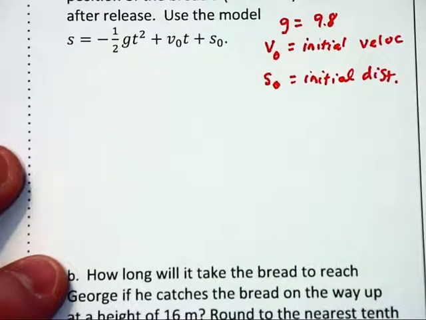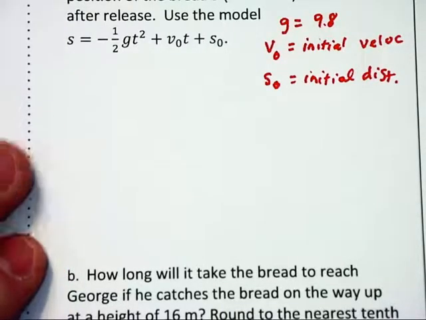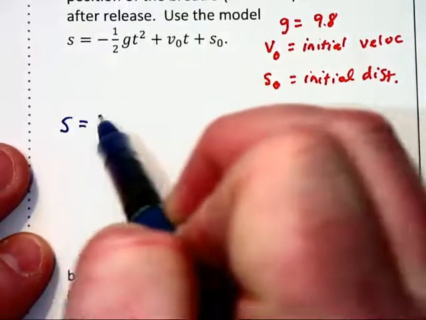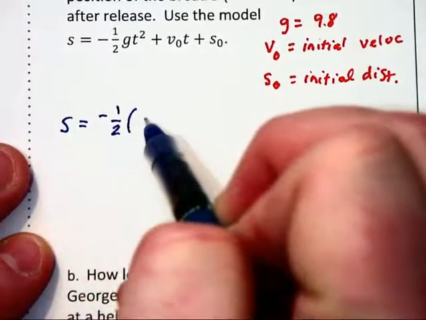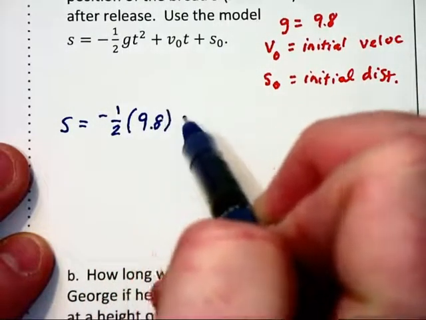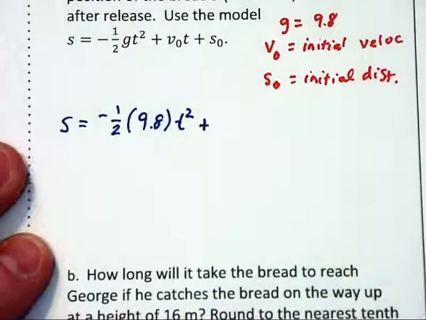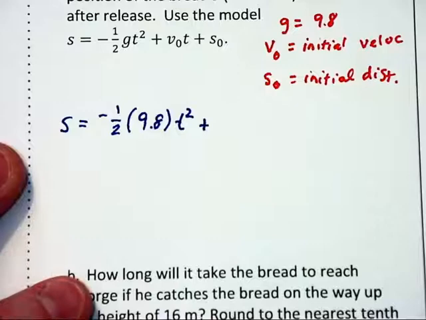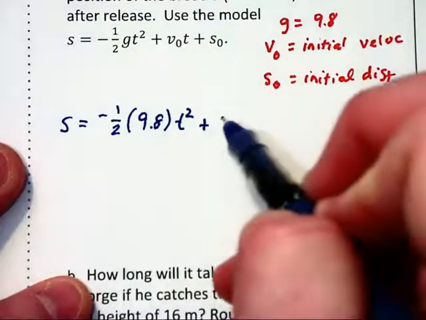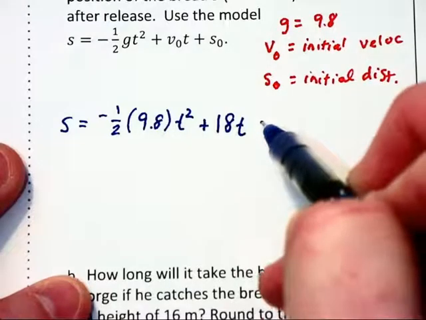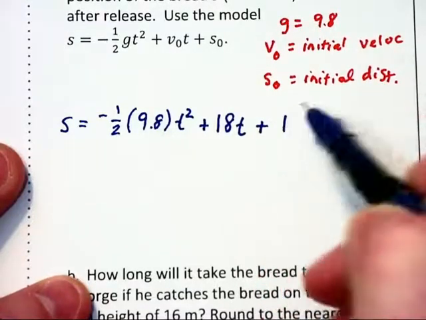We're being asked to write an equation for s. This will become s equals negative 1/2 times 9.8 t squared plus v0. That's our initial velocity, which we were told is 18 meters per second. So 18t plus an initial height of 1.